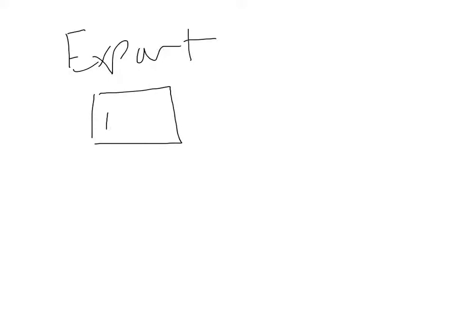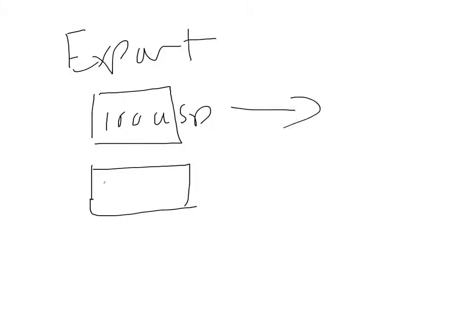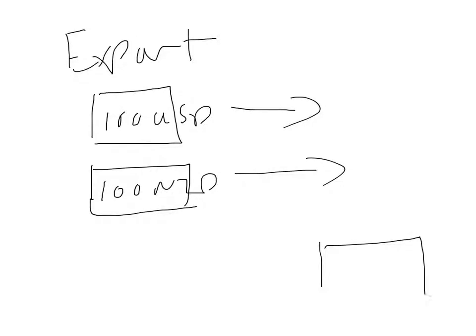So we've got the export side, haven't we? And so what we've got is that we're exporting in foreign currency. Let's say 100 US dollars. Then we're exporting in New Zealand dollars, 100 New Zealand dollars. And then we've got imports coming the other way, haven't we?